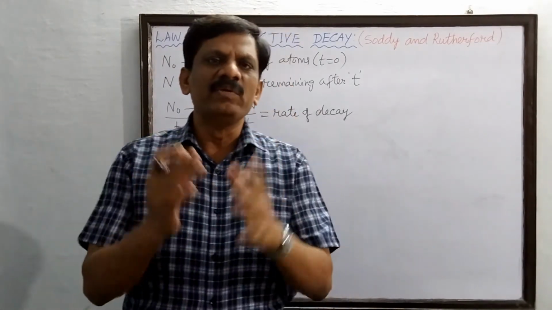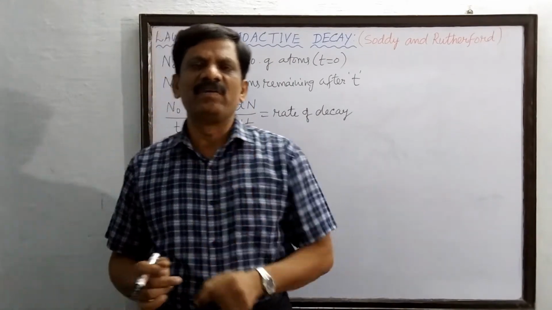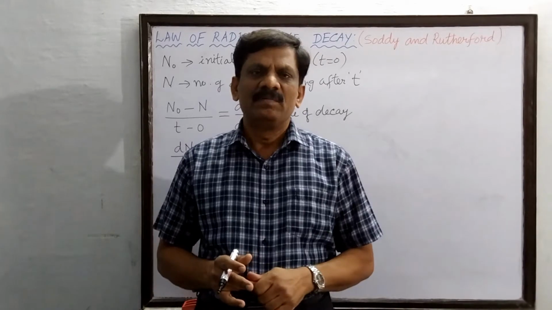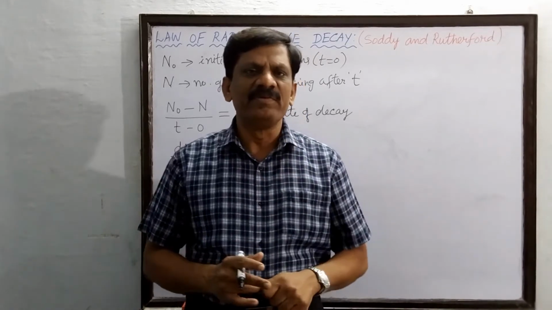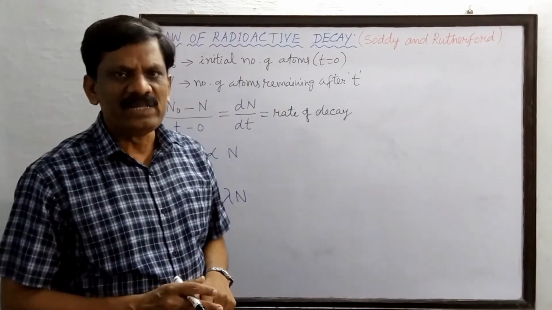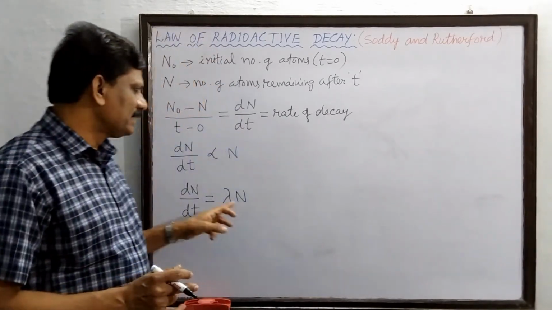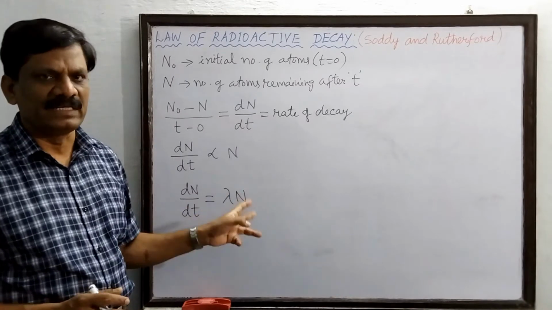That means if you take uranium, either 1 gram or 1 kilogram of uranium, lambda will be the same. But the value of lambda of uranium is different from the value of lambda for thorium or actinium. So lambda is called the decay constant.